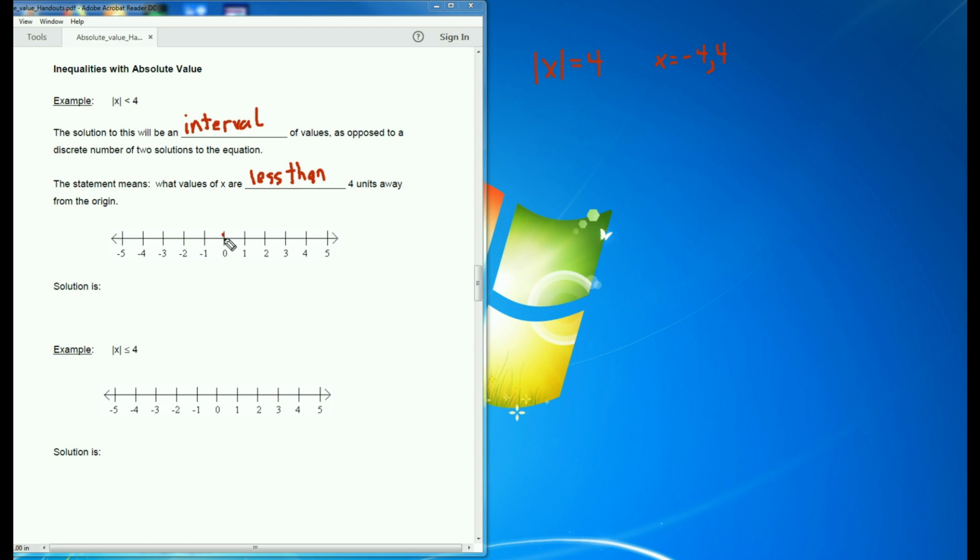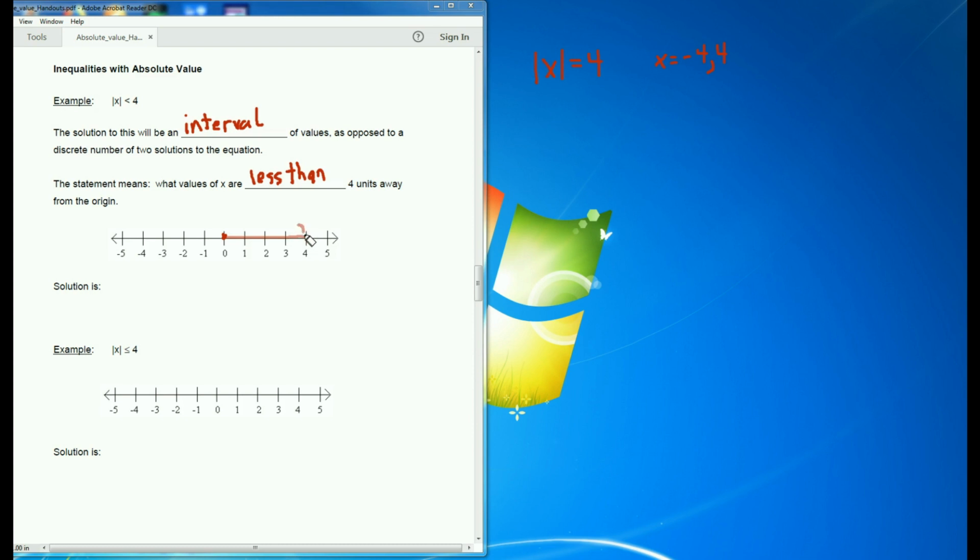Okay, so here's the origin at 0. So what numbers here are less than 4 units away? Well, anything from here, 1 is less than 4 units away, 2 is less, 3 is less, all the way up to, but not including 4, because 4 is not less than 4.